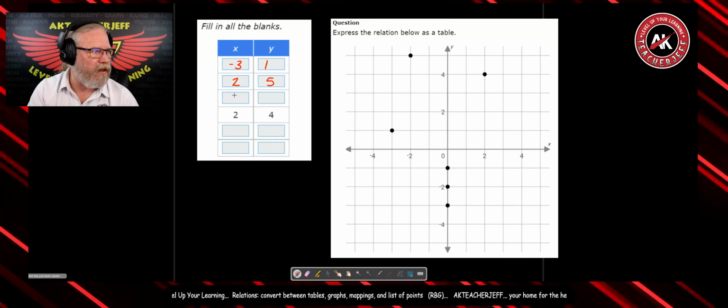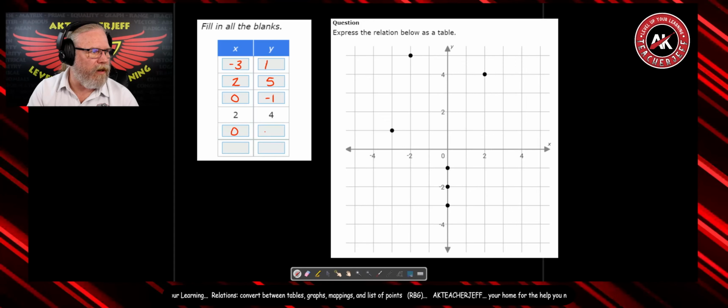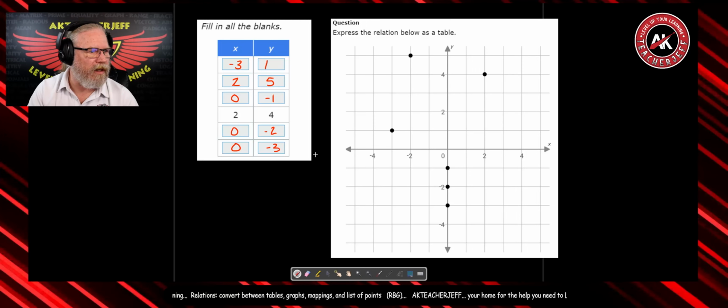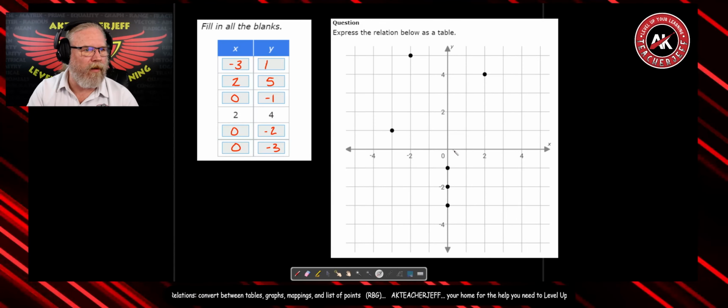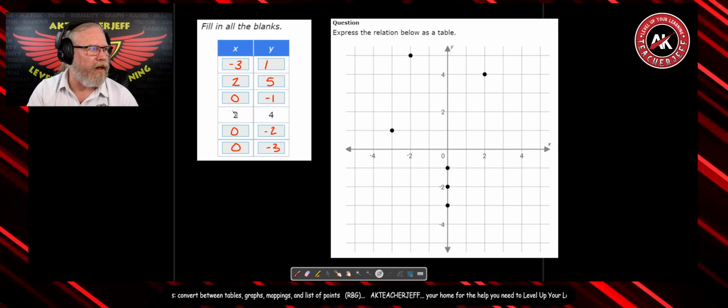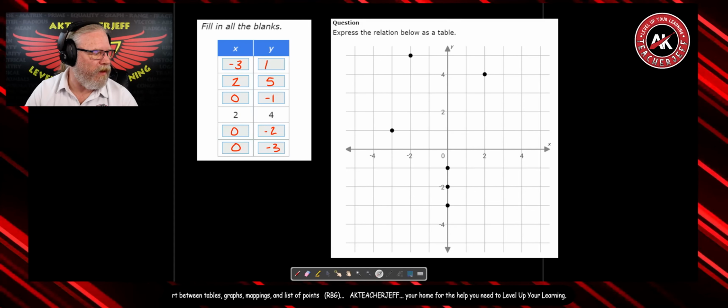So let's go ahead and fill those in. 0 for -1, 0 for -2, and 0 for -3. So that should leave us with nothing but the one they gave us of 2, 4, where x is 2, y indeed is 4. So this point right there is this spot in the table right there.